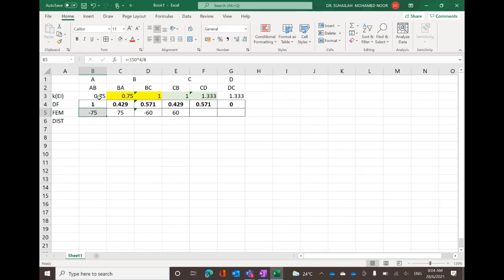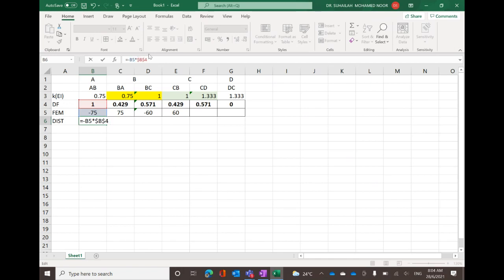So in the Excel table, we put negative to represent the opposite direction of the joint moment. Select this, times the distribution factor.